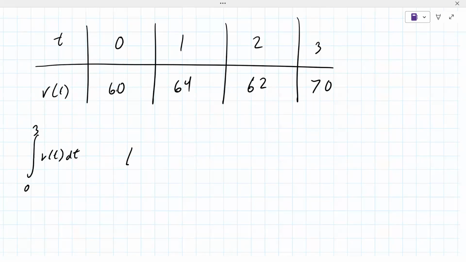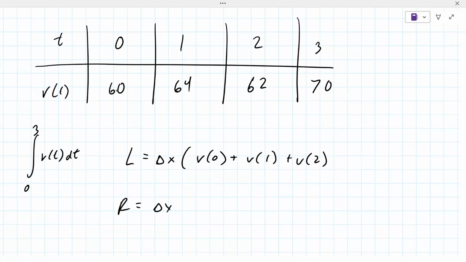So the left sum is still delta x, but this time it's V of 0 plus V of 1 plus V of 2. And then the right sum is V of 1 plus V of 2 plus V of 3.